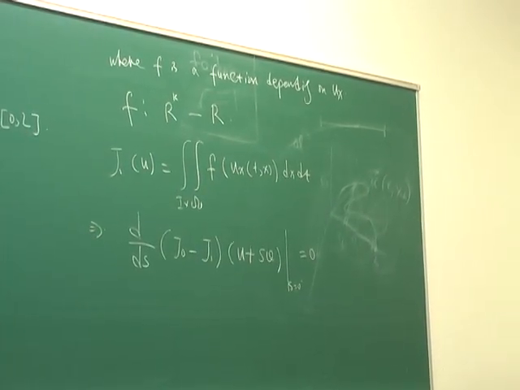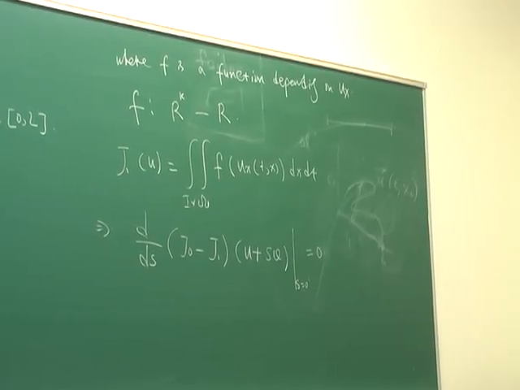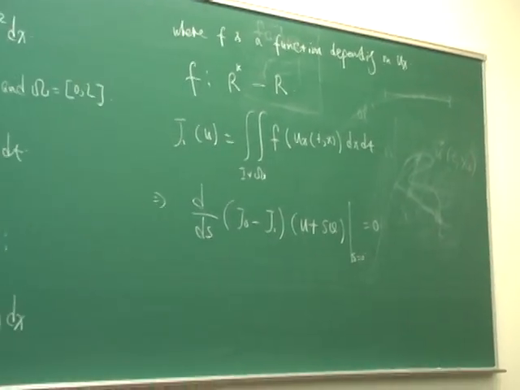And these are basically the Lagrangians. I mean, the UT squared minus F of U, and that's the Lagrangian. The action is always an integral of the Lagrangian.